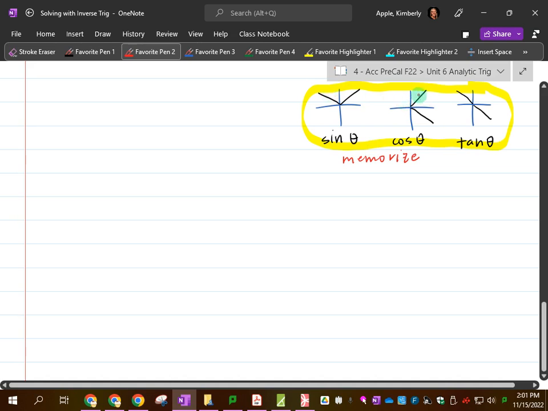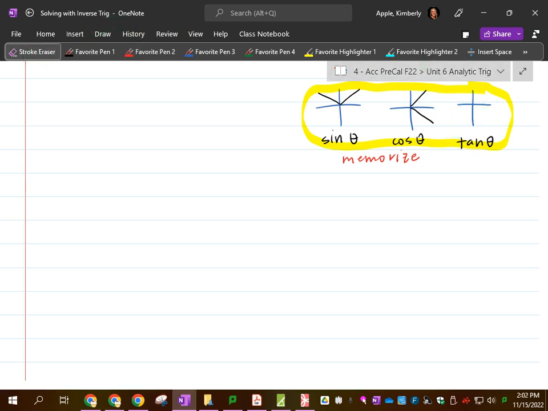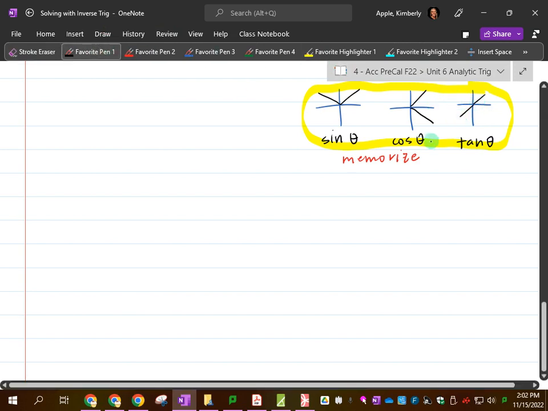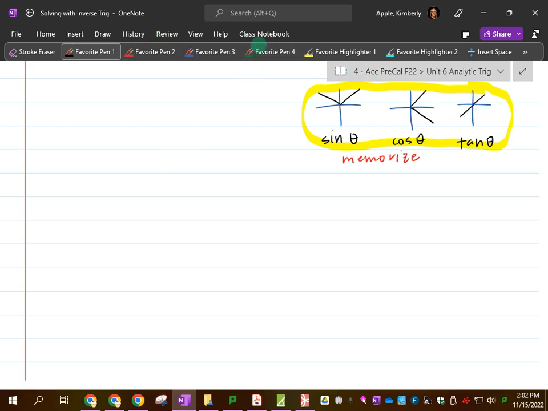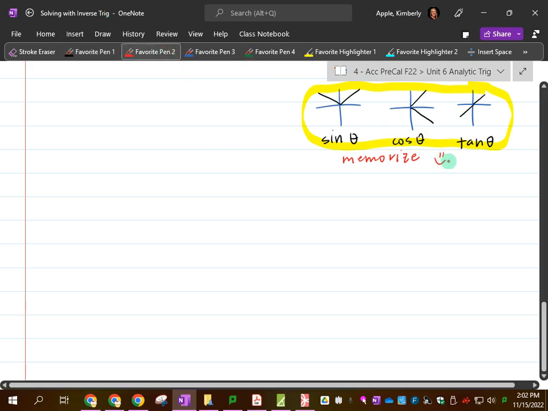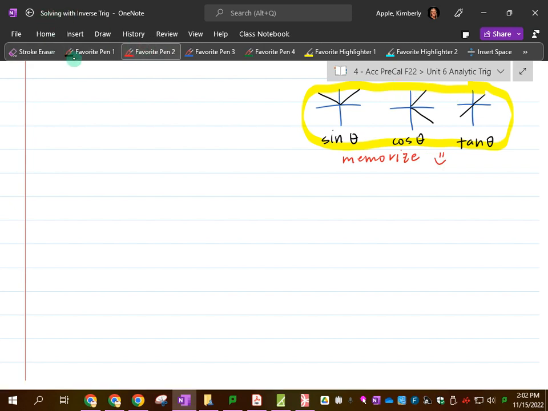I guess that works for sine and cosine, not for All Students Take. It's backwards, well, let's make your pattern fit. If you want to draw it like that, you can. Then it's where it's positive. All Students Take, I guess. Whatever. It's just know it's straight across for tangent. That works. Nobody's ever said that before. That's a nice way to memorize these however you can.